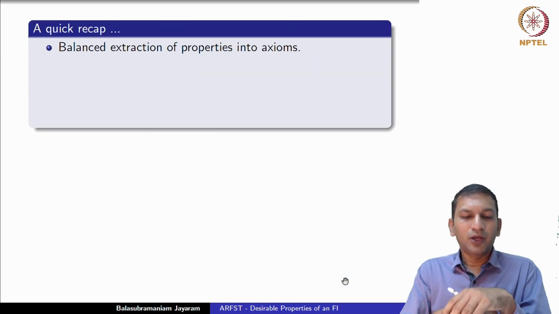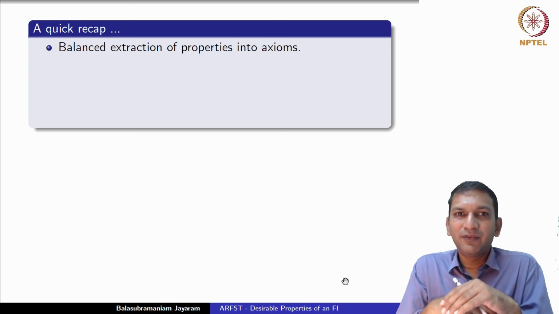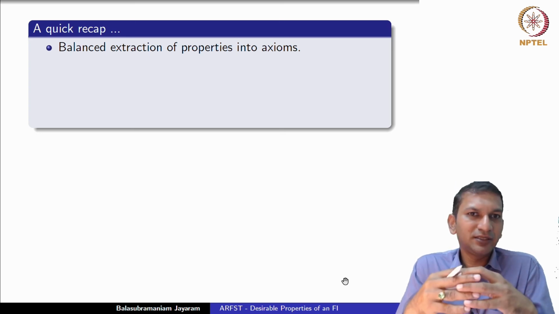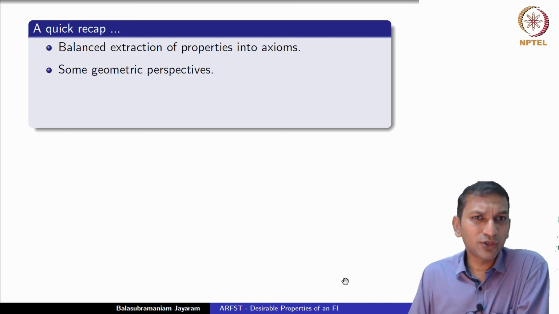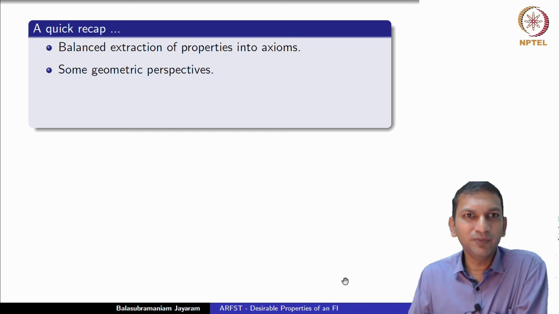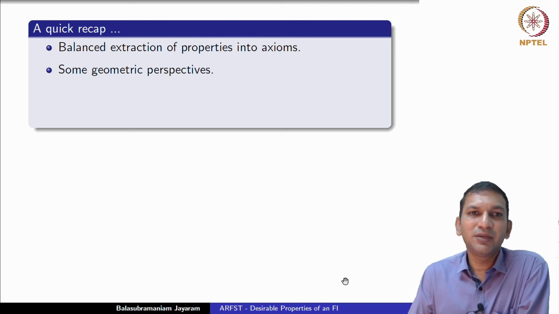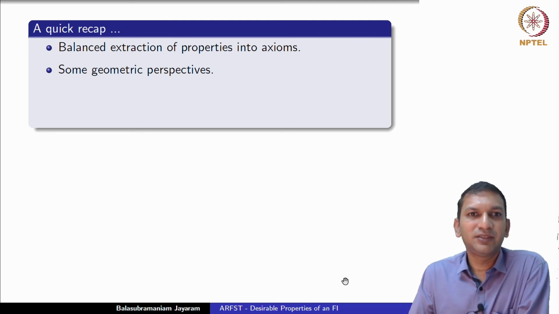Okay, a quick recap of what we have dealt with in this lecture, or so far. We have actually axiomatized the definition of fuzzy implications. In the last lecture, we saw some geometric perspectives, and not just one. We carried that forward to this lecture also, looking at how a fuzzy implication can behave at different boundaries or also on the diagonal, and what we would prefer to have along those boundaries.